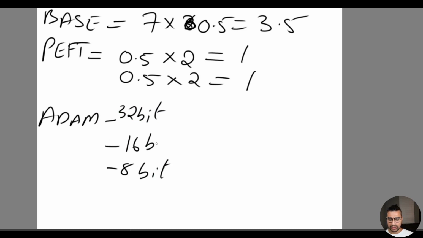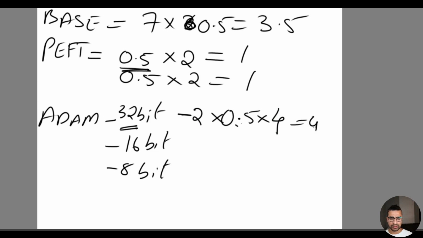Okay, so let's say you want to use 32-bit, right? 2 times, because I just explained that the optimizer needs twice the amount of parameters, right? But how many parameters are we using to train? Only 0.5. So 2 times 0.5 times 32-bit means 4, right? 2 times 0.5 is 1, 1 times 4 is 4 GB, okay?